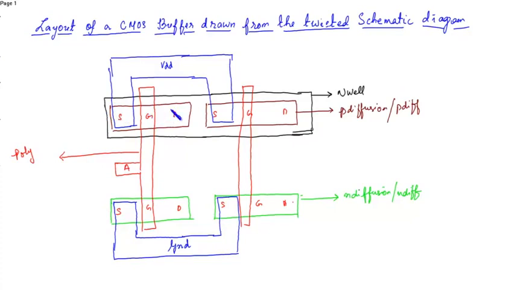Now the output is obtained from the drain. So connect the drain of PMOS and NMOS. Okay, so this is A bar. Now this is given as input to the inverter 2.